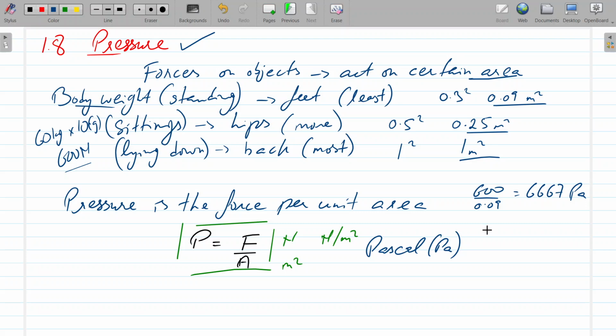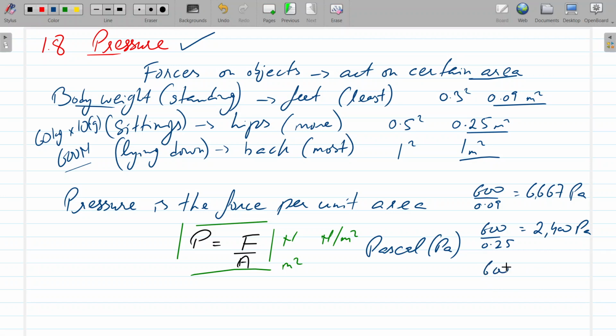Then you do the same for when you are sitting. So 600 divided by 0.25, and that would give you 2,400. Sorry, obviously very much less, significantly less.